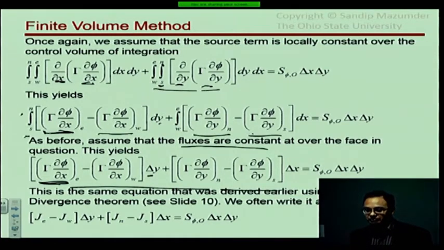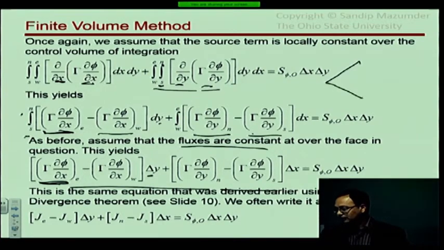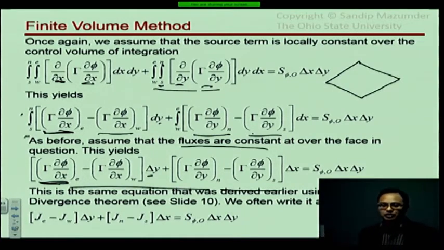The advantage of applying the divergence theorem is that it lets you then use that for any arbitrary shape. Here, of course, we could do that for a perfectly Cartesian stencil. If we had a control volume that is not aligned to the grid lines, you can't even define the limits of your x and y anymore, so you can't perform that integration easily.